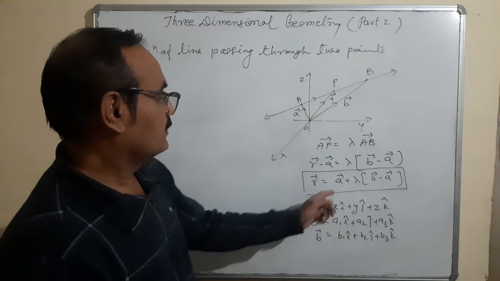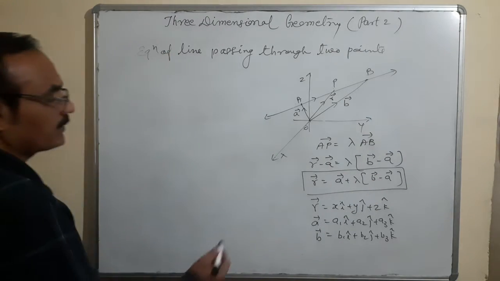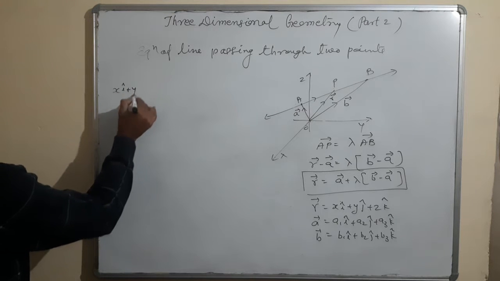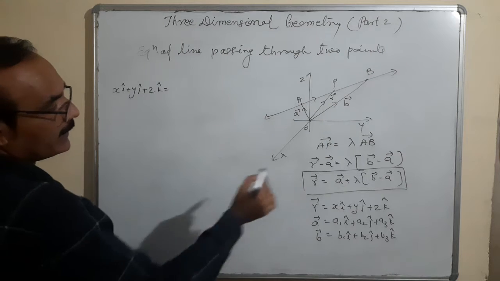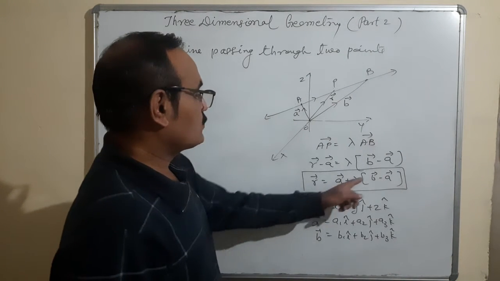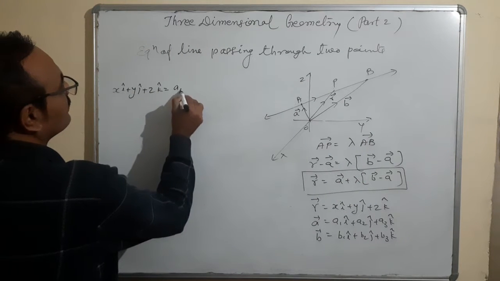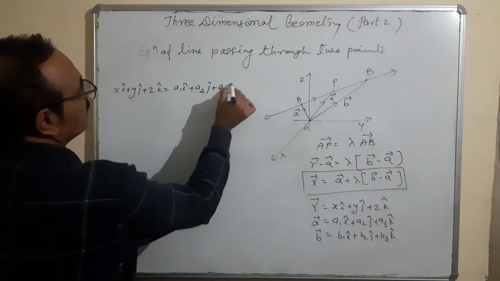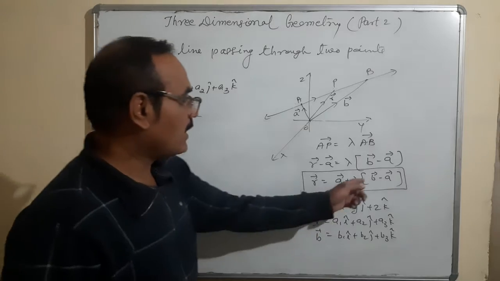Okay, got it? When I put the value here, see what result comes. R, xi plus yj plus zk, is equal to vector A, which I can write as a1i plus a2j plus a3k, plus lambda times (vector B minus vector A).